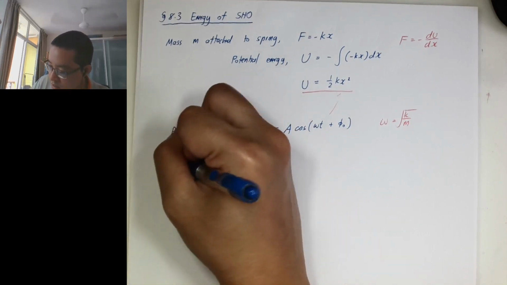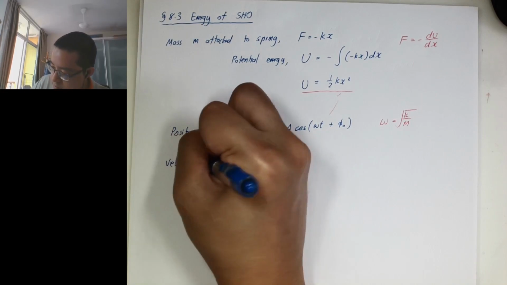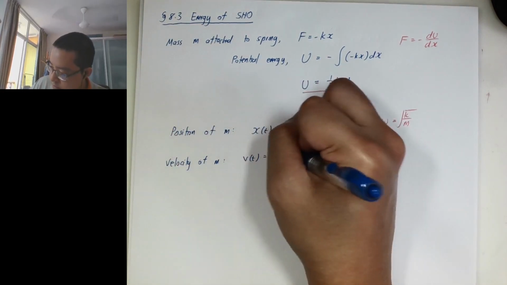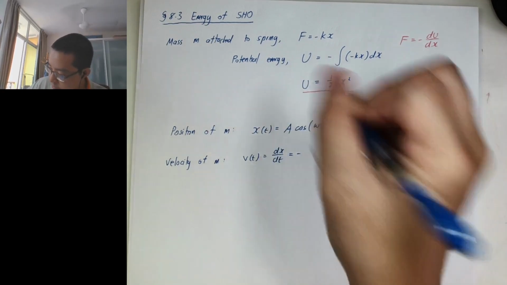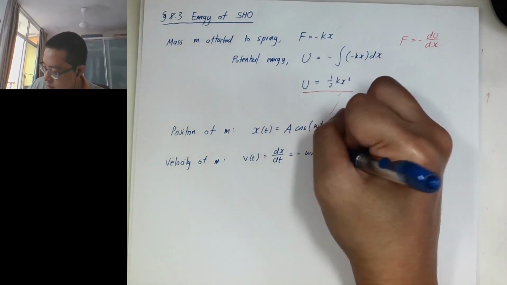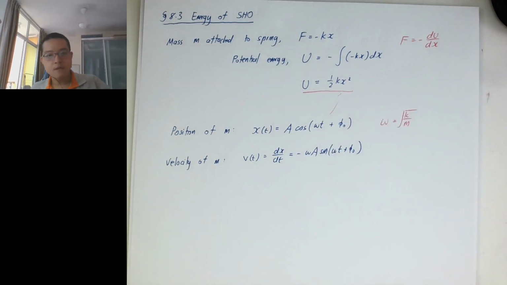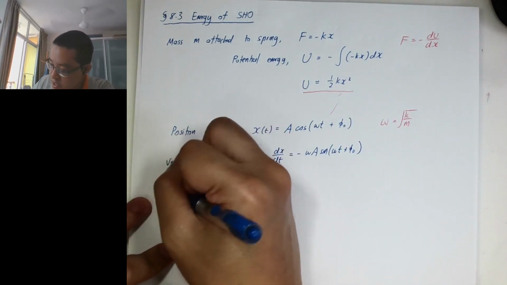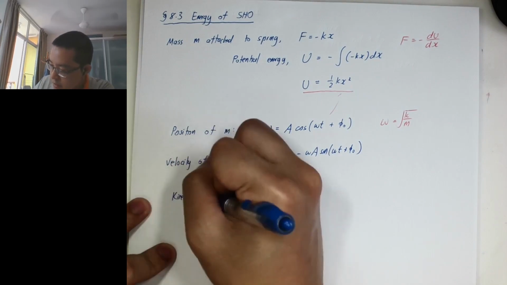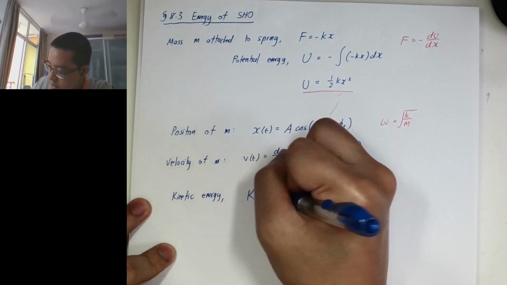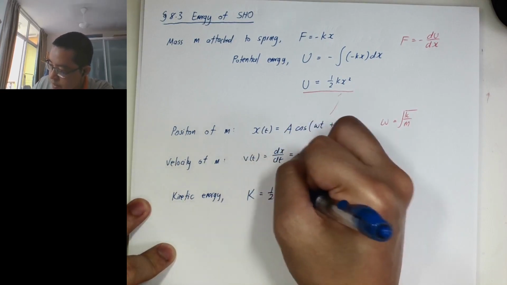and then having the v, I can get the kinetic energy. So velocity of m is obtained by differentiating. So it's just negative omega a sine(omega t plus phi 0). Okay, so the kinetic energy I can now easily calculate. Right, so the kinetic energy is half mv squared.